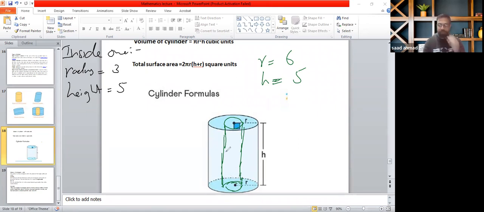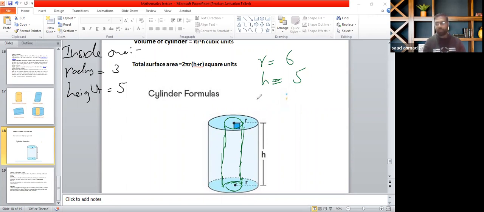Now we want to see how much drink this cylinder can hold. So what we do is we need to find the volume of the outer, bigger one, and then we will subtract the volume of the smaller one from it. Then we will get the volume that it can hold.